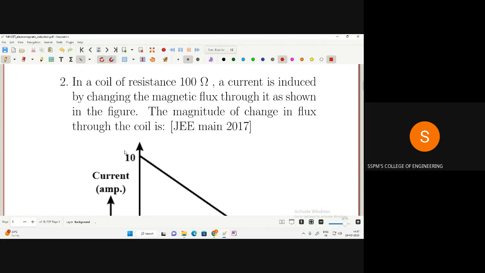This problem is also based on Faraday's law. Why is it based on Faraday's law? Because the current is changing with respect to time. And as you know, as current is changing, the magnetic flux will also change with respect to time. And as magnetic flux is changing, the EMF will be induced in the coil. The resistance of the coil is given as 100 ohm.